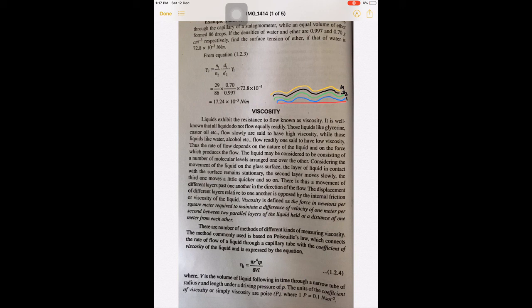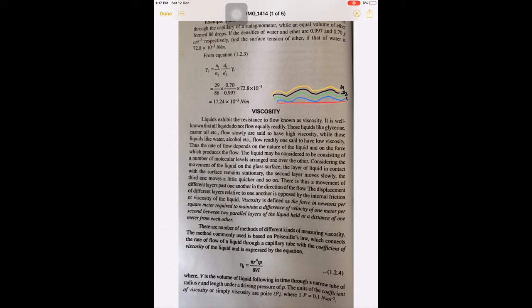The displacement of different layers relative to one another is opposed by the internal friction, or the viscosity, of the liquid. So layer 1 has a different flow rate, layer 2 has a different flow rate, and the third and fourth also have different rates of flow over one another.